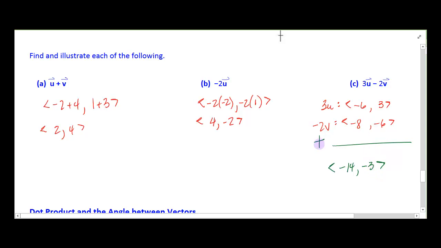So I chose to add because I first multiplied by a negative. If you had just multiplied by a +2, you would then subtract, and you end up with the same values. So these are just a few examples of how we would perform operations with our vectors.